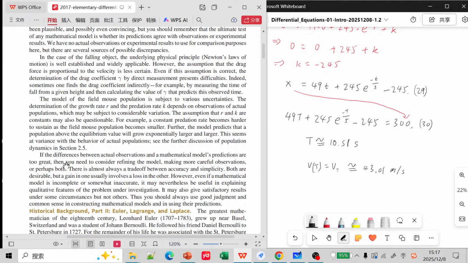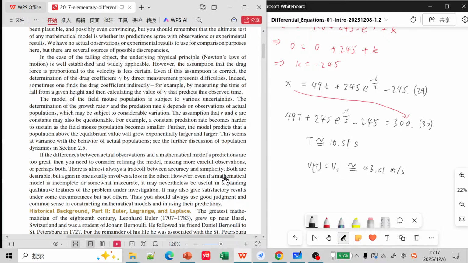If the differences between actual observations and a mathematical model's predictions are too great, then you need to consider refining the model, making more careful observations, or perhaps both. There is almost always a trade-off between accuracy and simplicity. Both are desirable, but a gain in one usually involves a loss in the other.